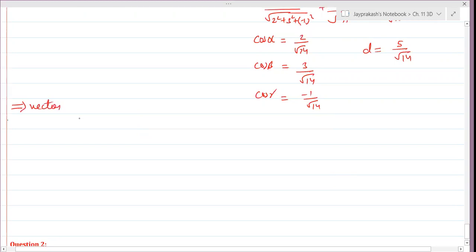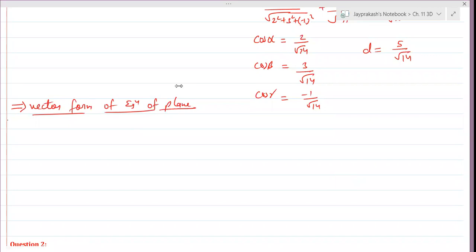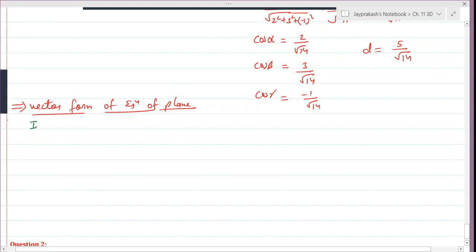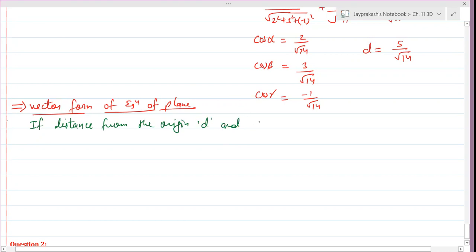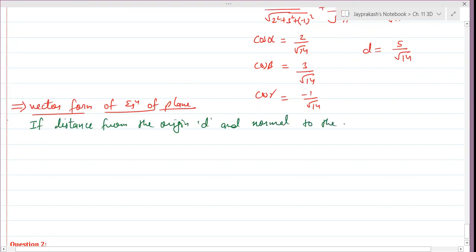Vector form of equation of plane, if distance from the origin d and normal to the vector is given.